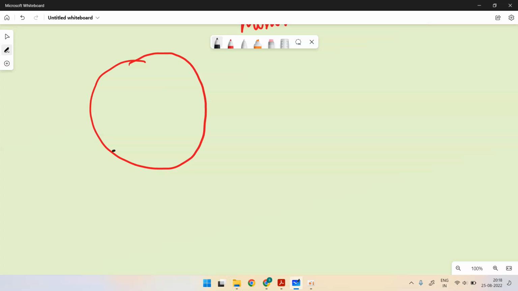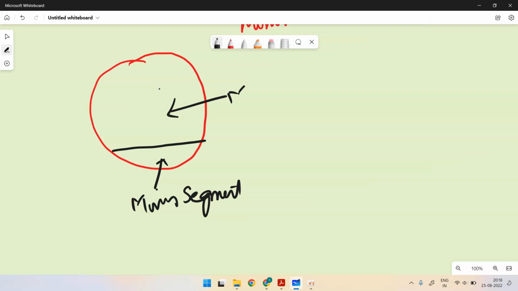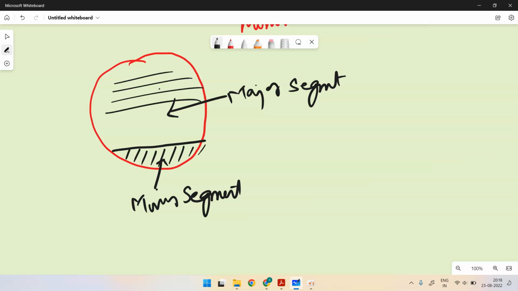Same thing for segment. This is a circle. This is the minor segment, and this is the major segment. Minor because this is small, and this is major, bigger.